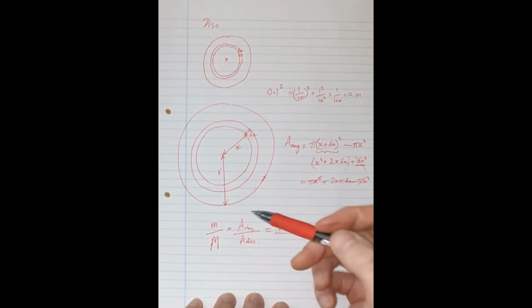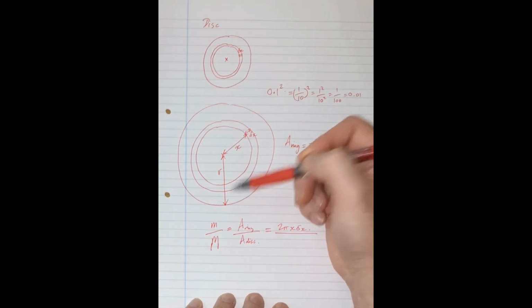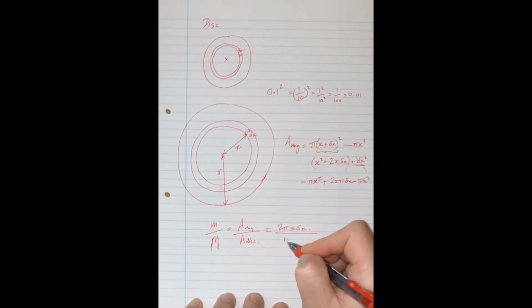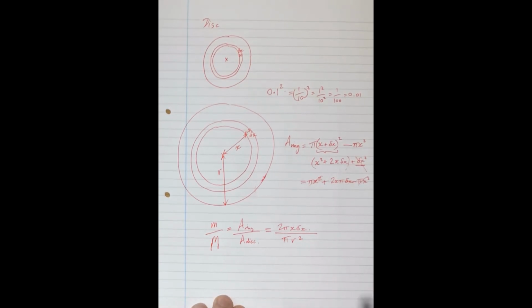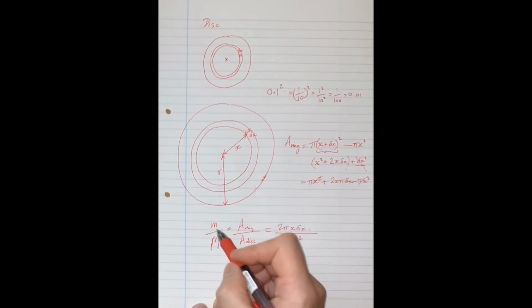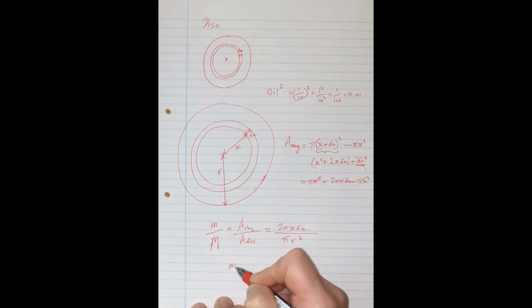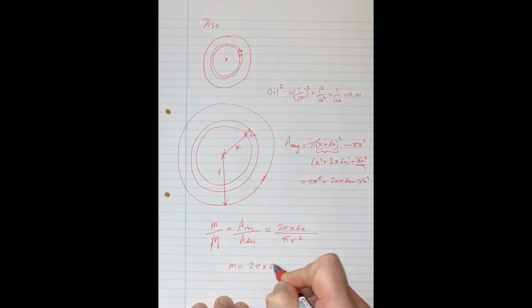And then the area of the disk is more straightforward than that. It's got a radius r, so that would be pi r squared. Okay, now we can, as we did before, rearrange for m. So we've got m equals 2 pi x dx over pi r squared times m.